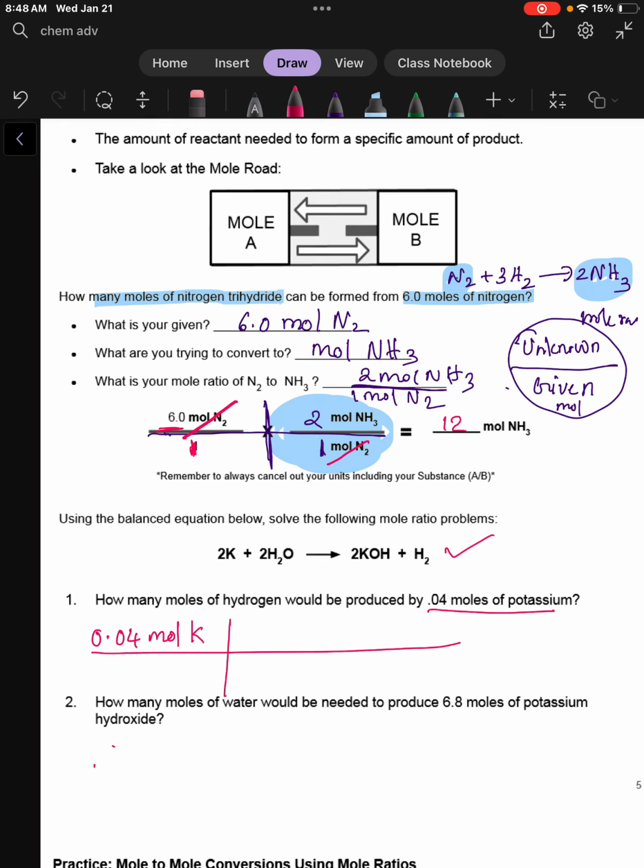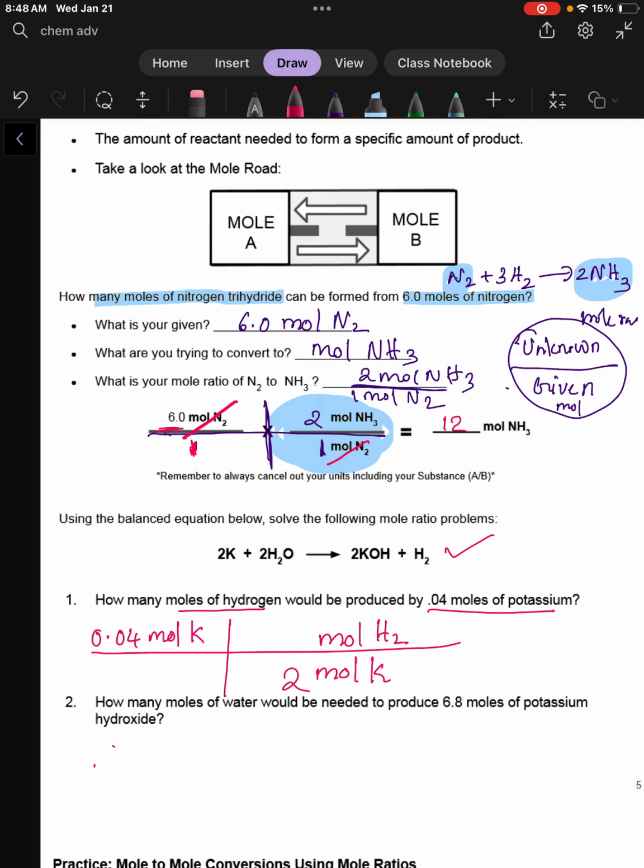And we need to copy the unit down, so moles of potassium is on the bottom, and you are going to find moles of hydrogen, which will be on the top. So you need to fill the numbers from the equation. How many moles of potassium in the equation?